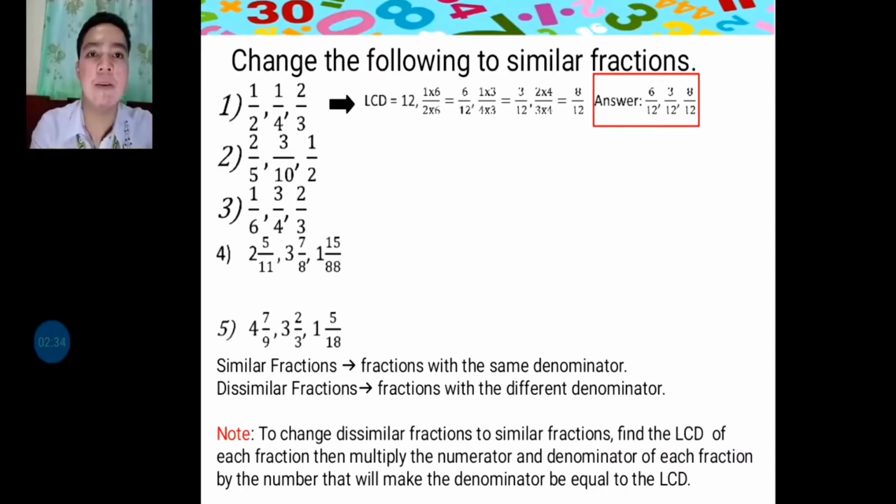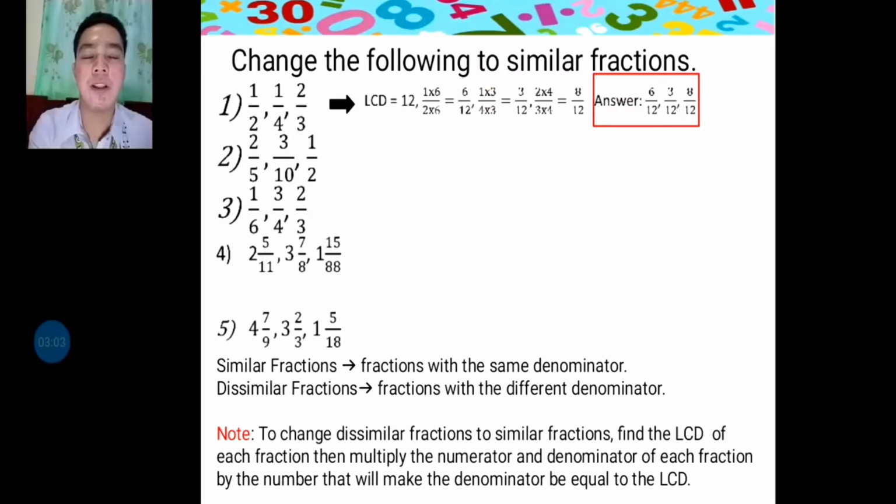So we have 1/2. We have to multiply by what number? To make the denominator equal to 12, you have to multiply by 6, both the numerator and the denominator. So 1 times 6 is 6, and 2 times 6 is 12. Now our denominator is equal to 12.